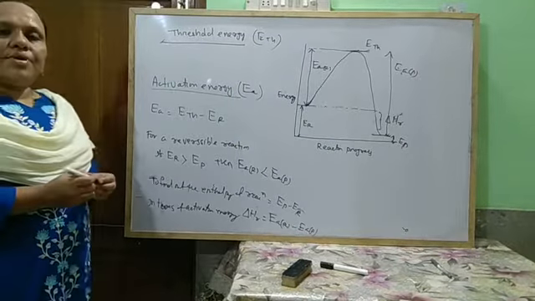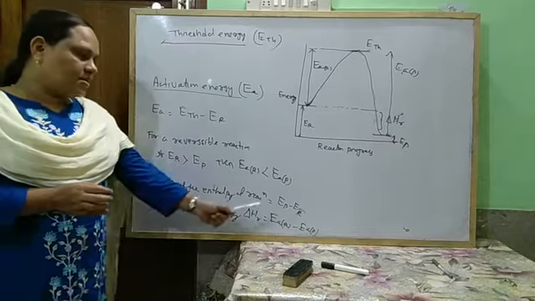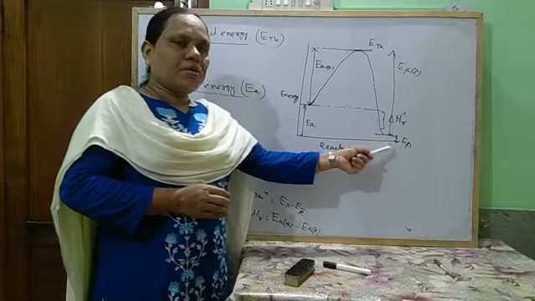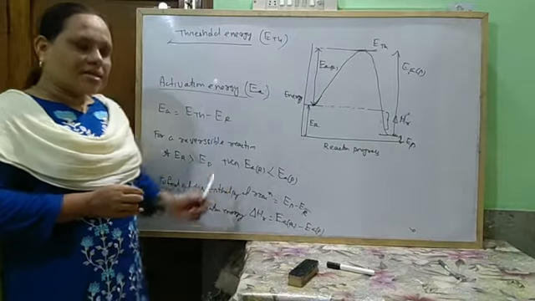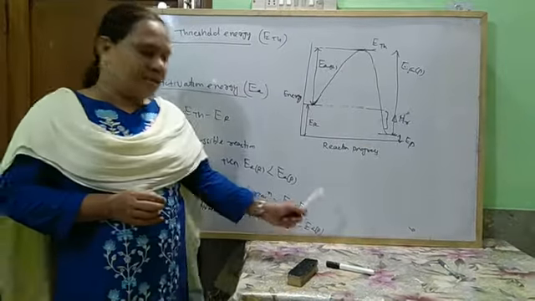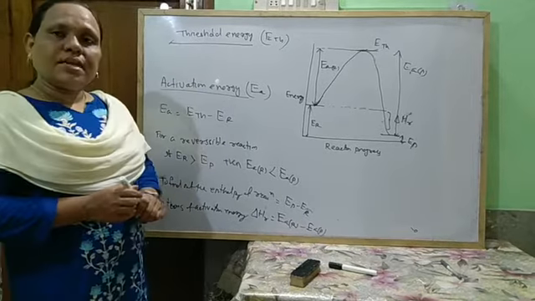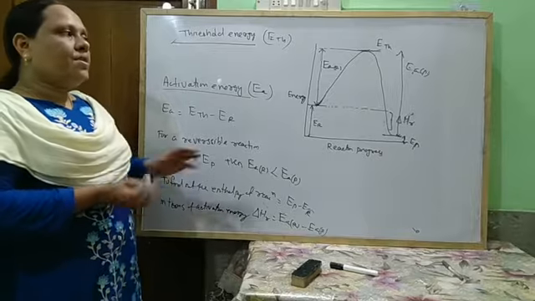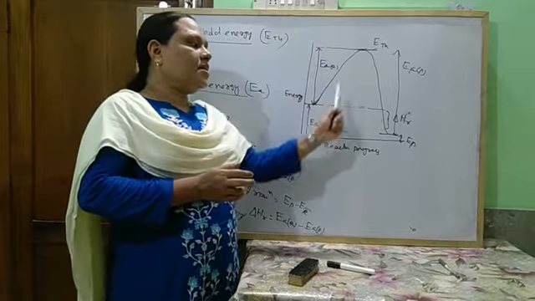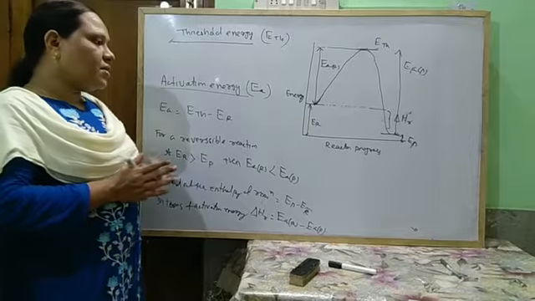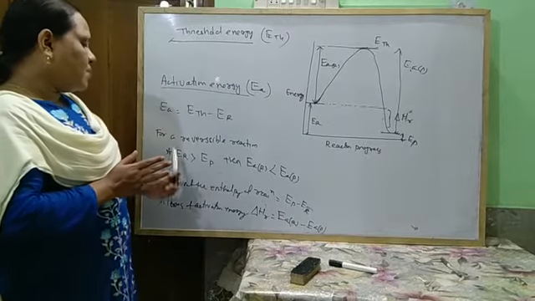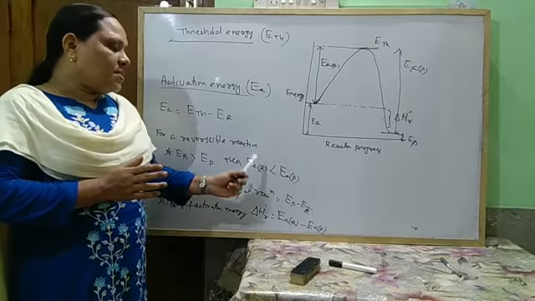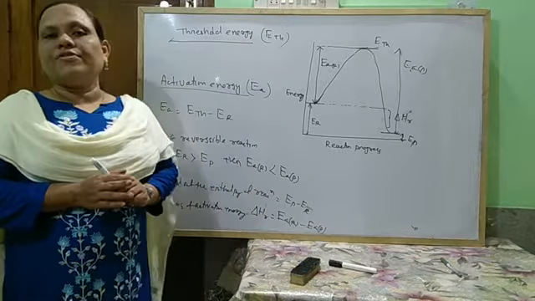So remember, the enthalpy of reaction is generally the energy of product minus the energy of reactant. But in terms of activation energy, it is the activation energy of reactant minus the activation energy of product. And if in a reaction the enthalpy of reactant is greater than the enthalpy of product, then the activation energy of reactant is less than the activation energy of product.